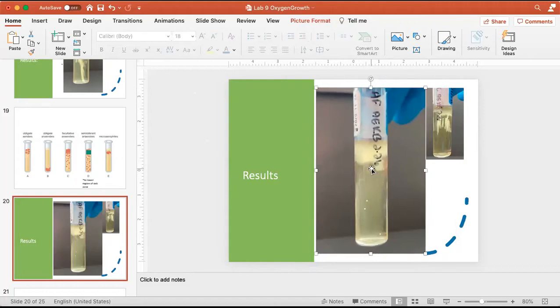If you look at the Alkalogenes faecalis, this is where the growth is, right here, the whole oxic zone, but I don't see any other things growing down below. So this one is growing only in the oxic zone, but all the way through the oxic zone.